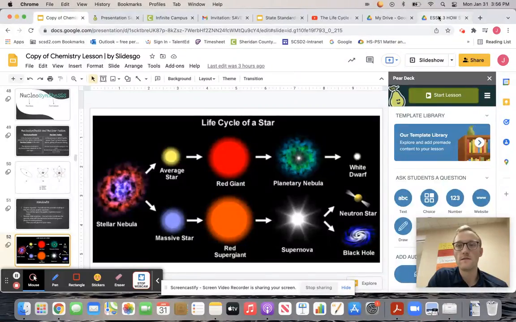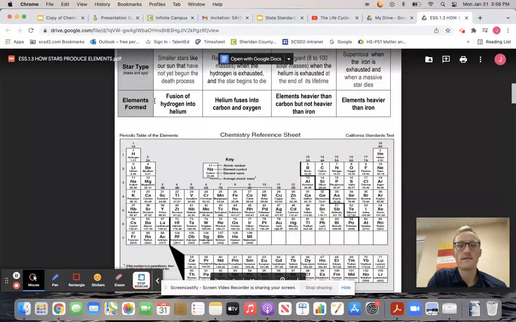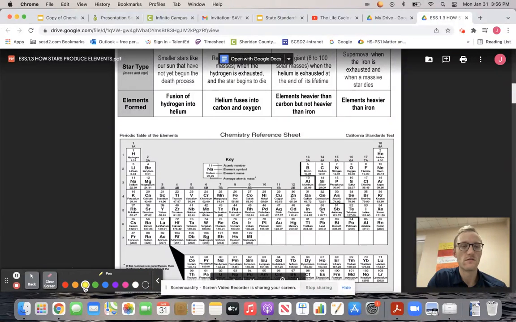So what we did with this handout is we're going to color coordinate it. We know that smaller stars, we're going to color this yellow. Ooh, I even got pens. We're going to color coordinate it to where we say, okay, this is yellow, and we know that the two atoms involved here are hydrogen and helium. Then let's do something that we can actually see.